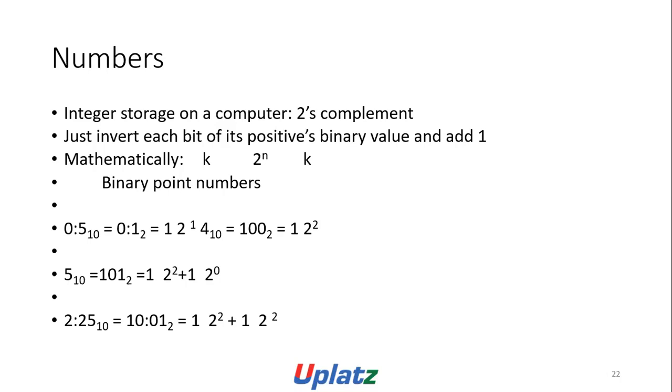Mathematically, k times 2 power n, binary point numbers. 0 is 2 power 0, 1 is 2 power 1, 4 is 100 in binary, 1 times 2 power 2, 5 is 101, 1 into 2 power 2 plus 1 into 2 power 0.